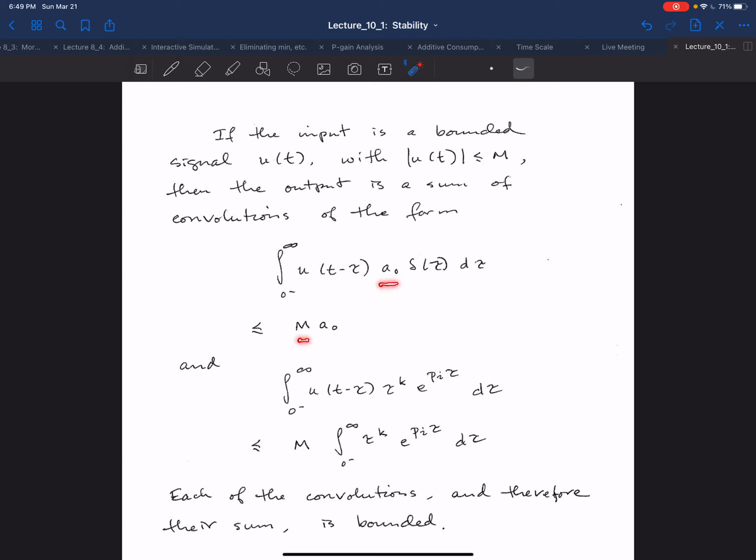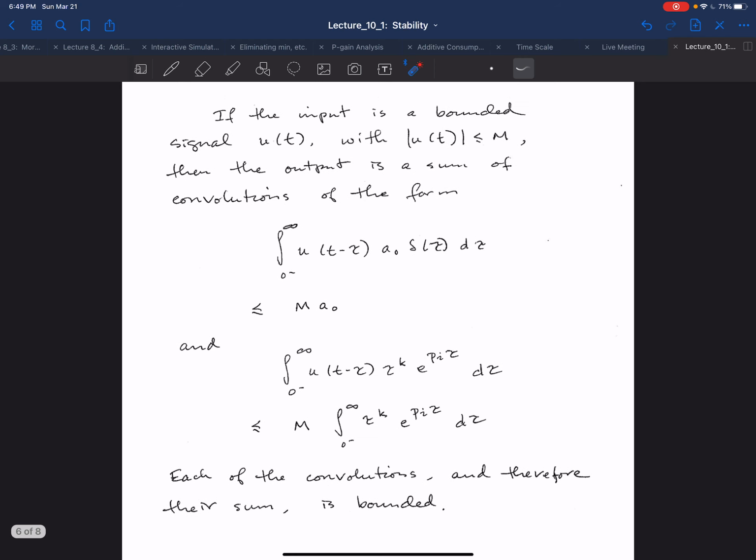That's going to get multiplied by this constant a naught, but that's not a problem. We know that the convolution, therefore, is bounded by the value m times a naught. So taking this convolution gives us a bounded function. So as far as the first term in our partial fractions decomposition goes, we're all right.